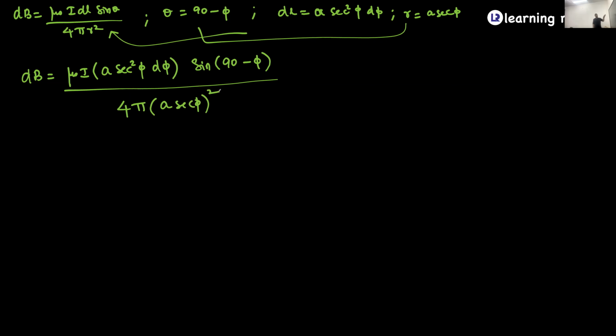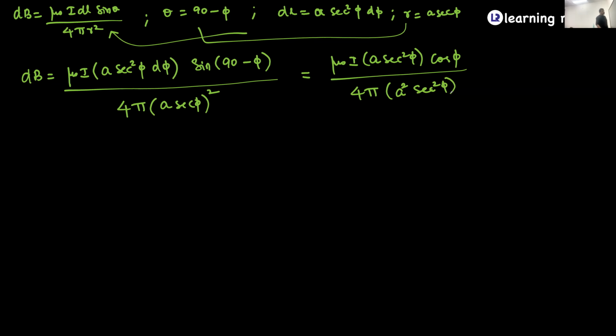And since it is r square, it is a secant phi the whole square. So this will be equal to mu naught I a secant square phi into sine of 90 minus phi, which is equal to cos phi, the whole divided by 4 pi into a square secant square phi.